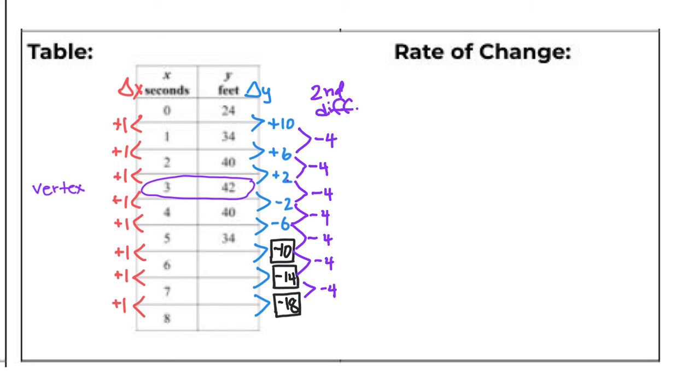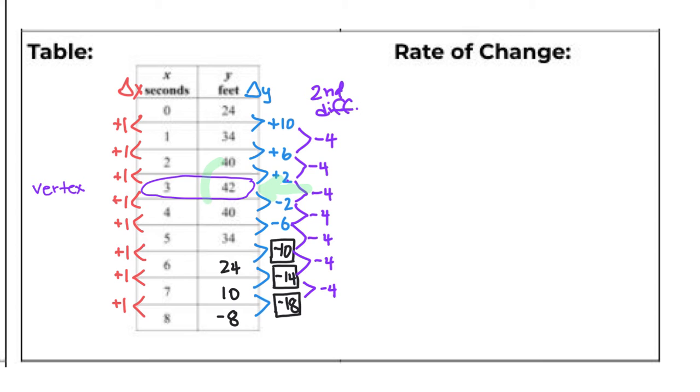So 34 minus 10 is 24. 24 minus 14 is 10. And 10 minus 18 is negative 8. Let's take a quick minute to recognize the pattern. So our vertex, which you can find before we even find our values, but we can see here there was our change in direction from increasing in our change in y to decreasing, and that points right at our vertex, which is the other way of seeing this.